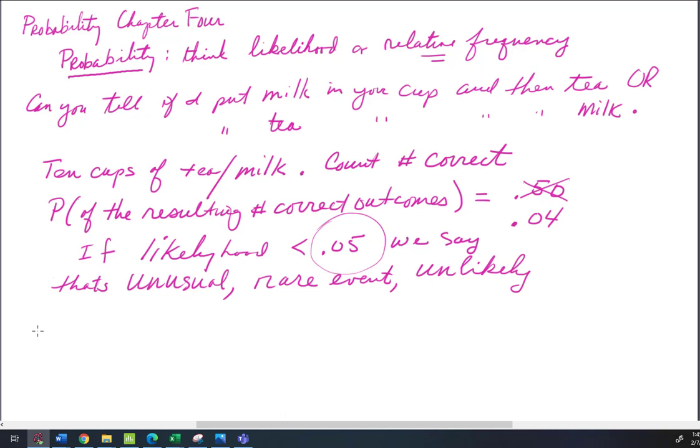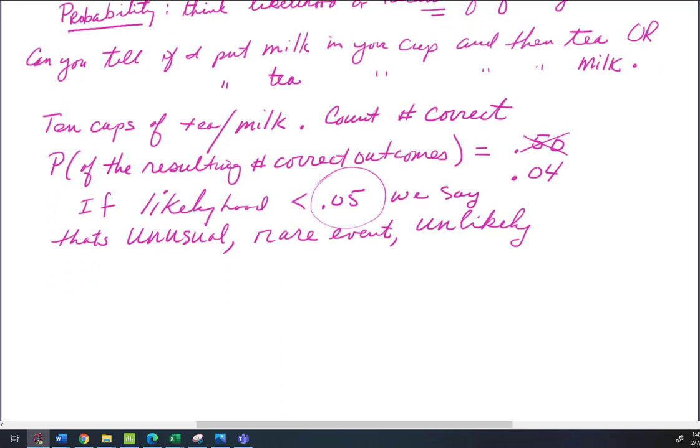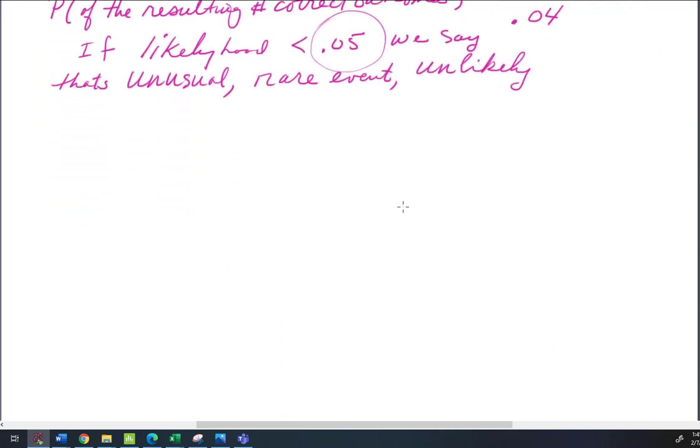So let's scroll just a tad. There are 3 ways that we define probability.